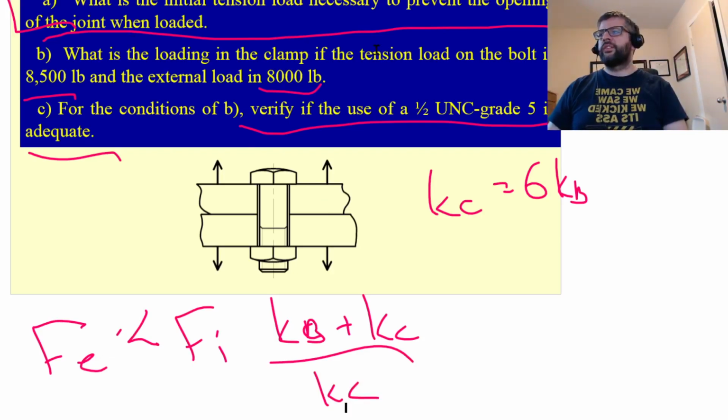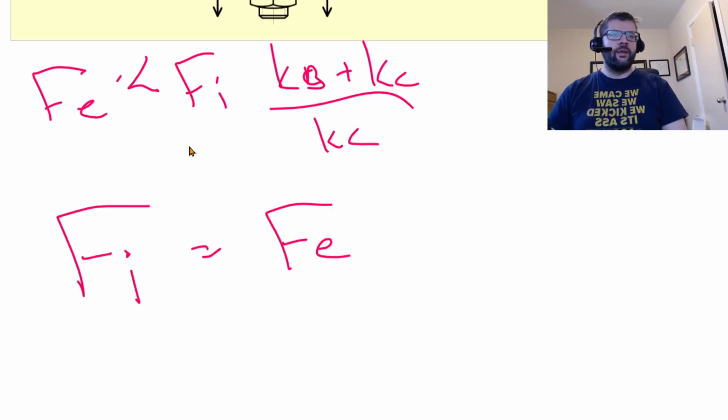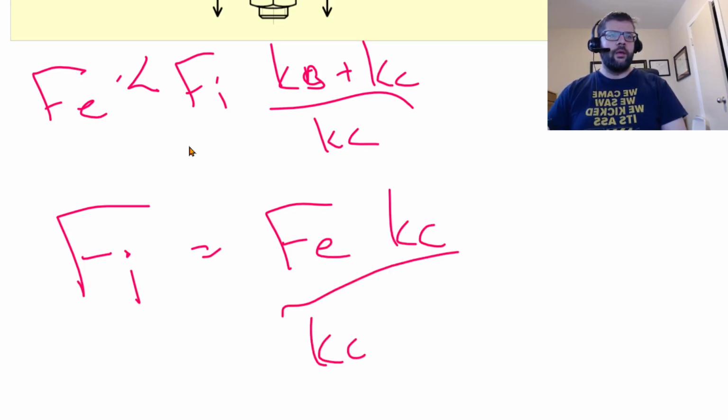So here we're trying to solve for FI. If we want the minimum FI that we would need, FI would need to be equal to FE times KC divided by KB plus KC.